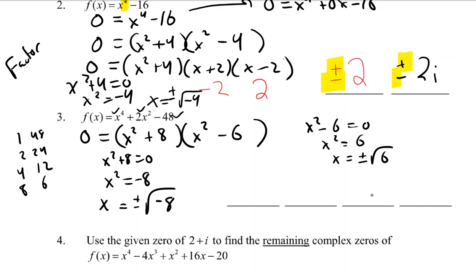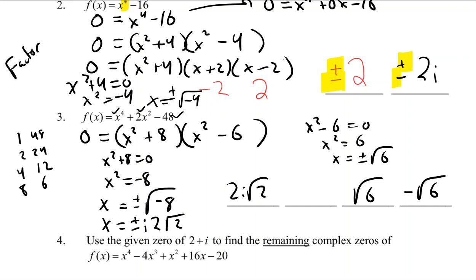So this one looks finished: positive square root of 6, negative square root of 6. This one we need to reduce. The negative comes out as an i, and 8 is 2 times 2 times 2. So instead of saying square root of 8, you should say 2 square roots of 2.